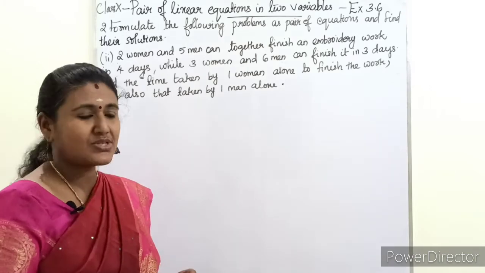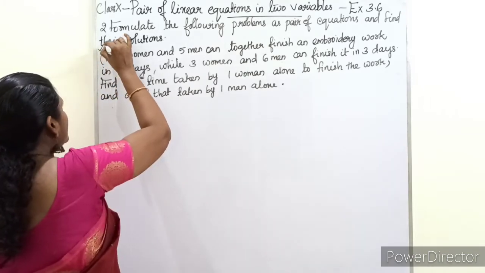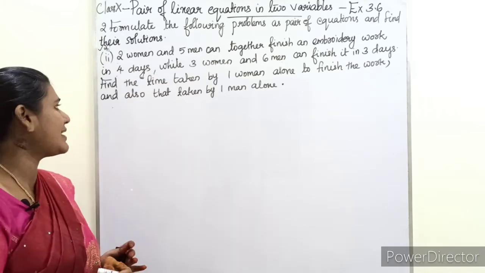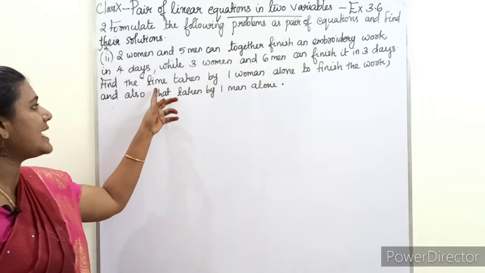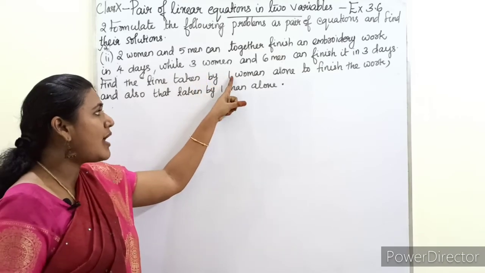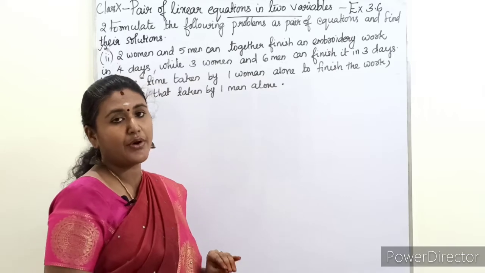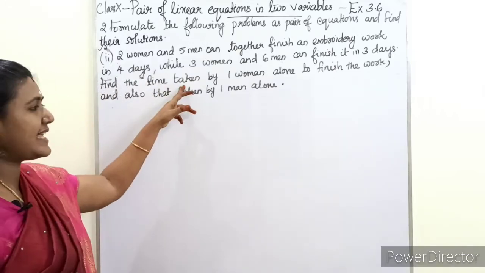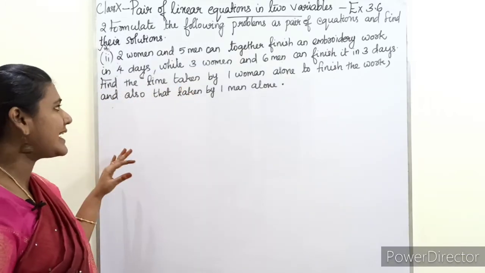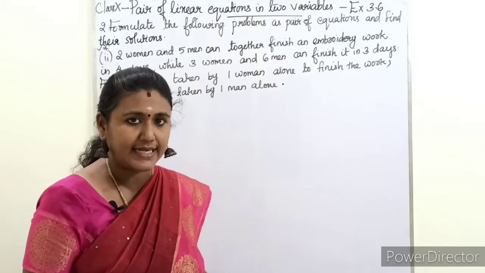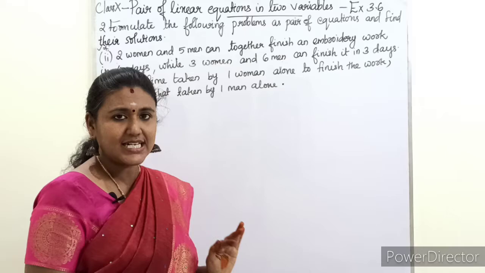So here in this question, it's a very important question. You can expect it even for the exam. So here what we have to find? We have to find the time taken by one woman alone to complete the entire embroidery work. That we will take as x, and the time taken by one man alone to complete the entire work, that we will take as y.